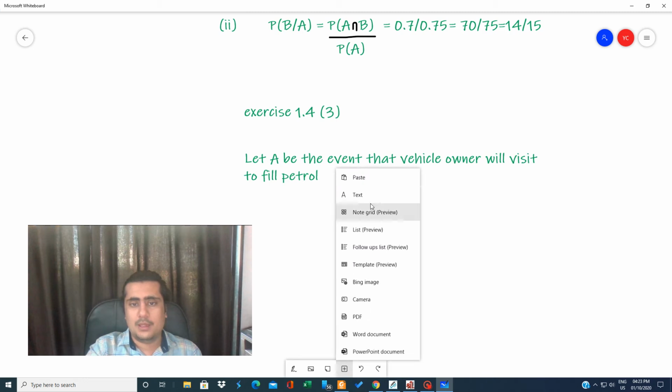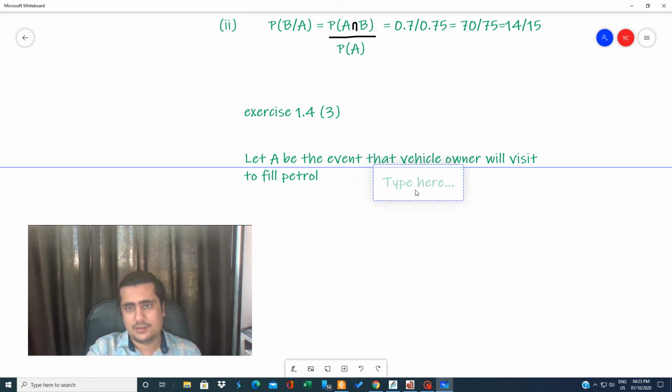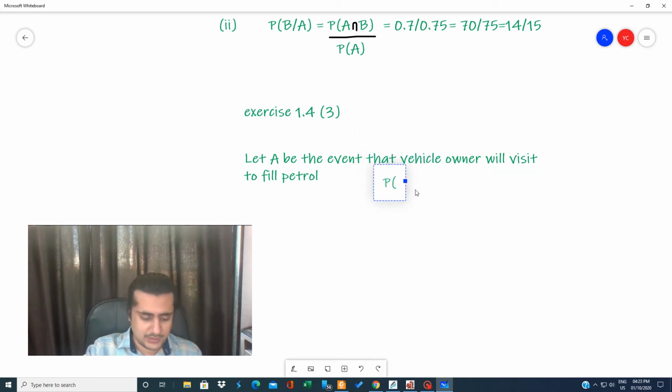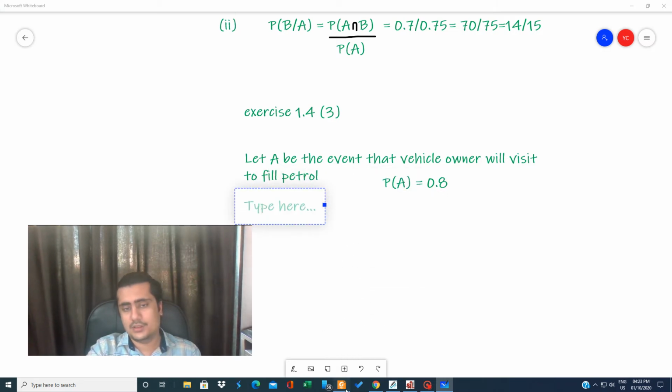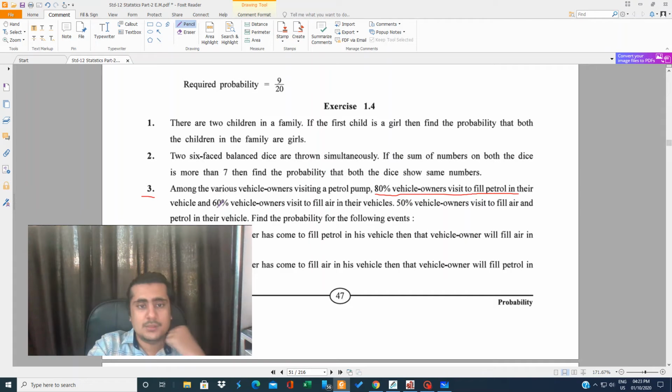The probability for event A will be 0.8. Then let B be the event. What is B? 60% of vehicle owners visit to fill air in their vehicle.